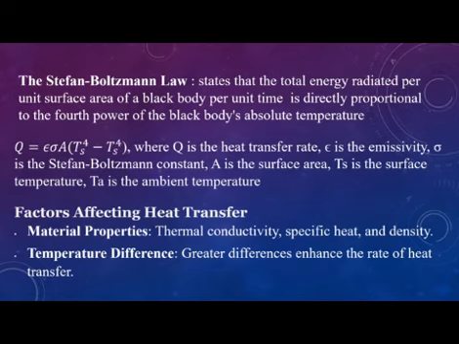And also specific heat. So if a material has a low specific heat capacity, then a relatively low amount of heat is required to increase the temperature of the material. In other words, heat transfer is massively affected by specific heat capacity when it's low.